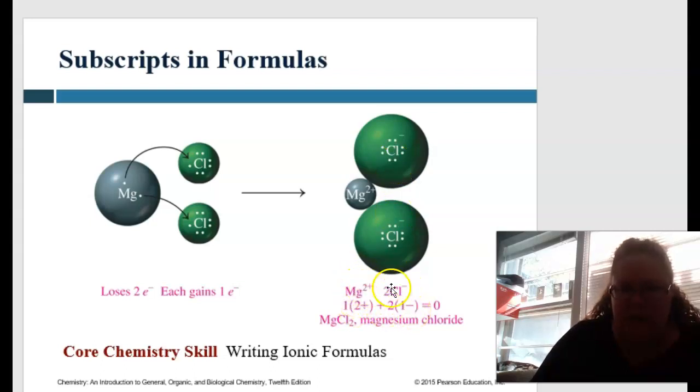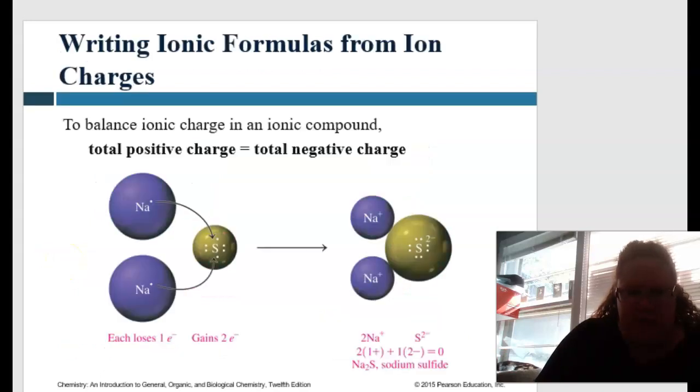That's why magnesium chloride is MgCl2: 1 magnesium with a positive 2 charge and 2 chlorines at negative 1 to balance it. This is what we get to practice today in writing ionic formulas.